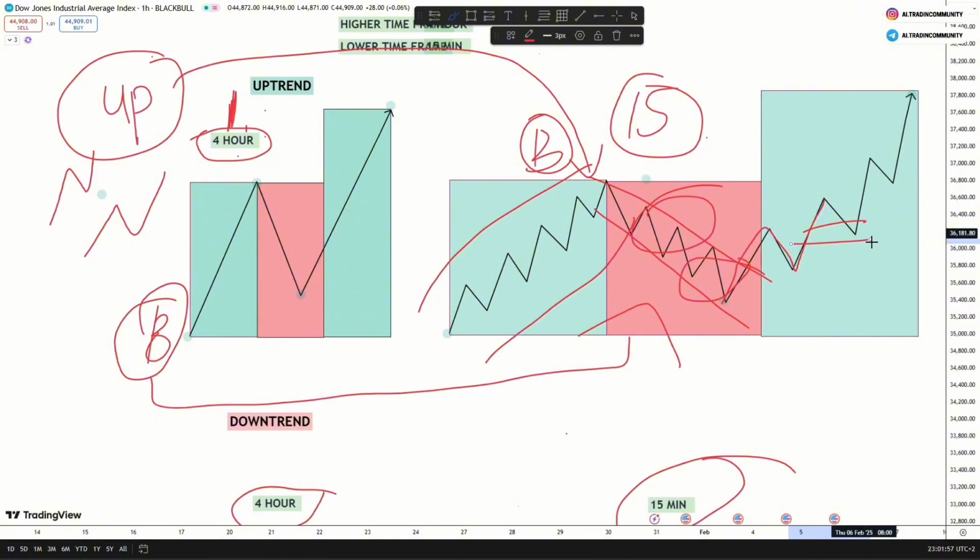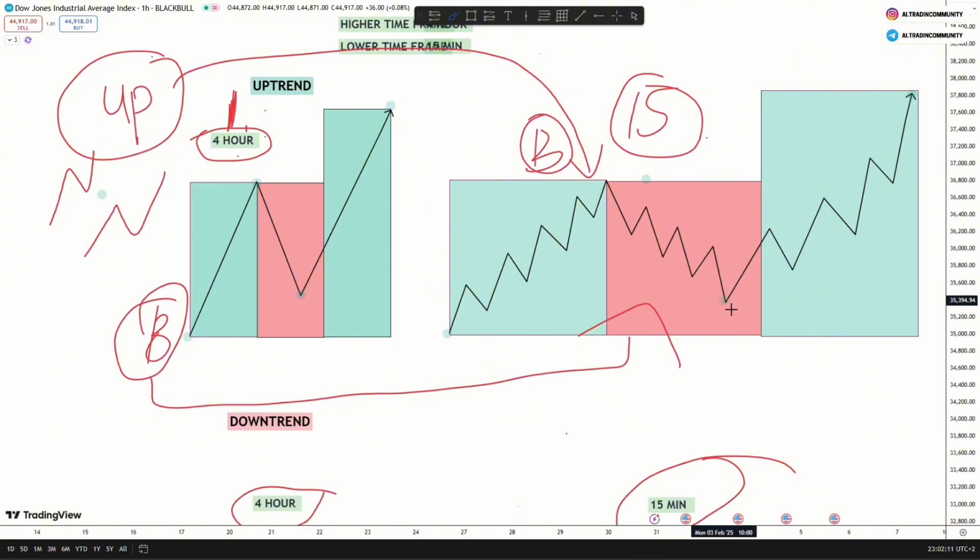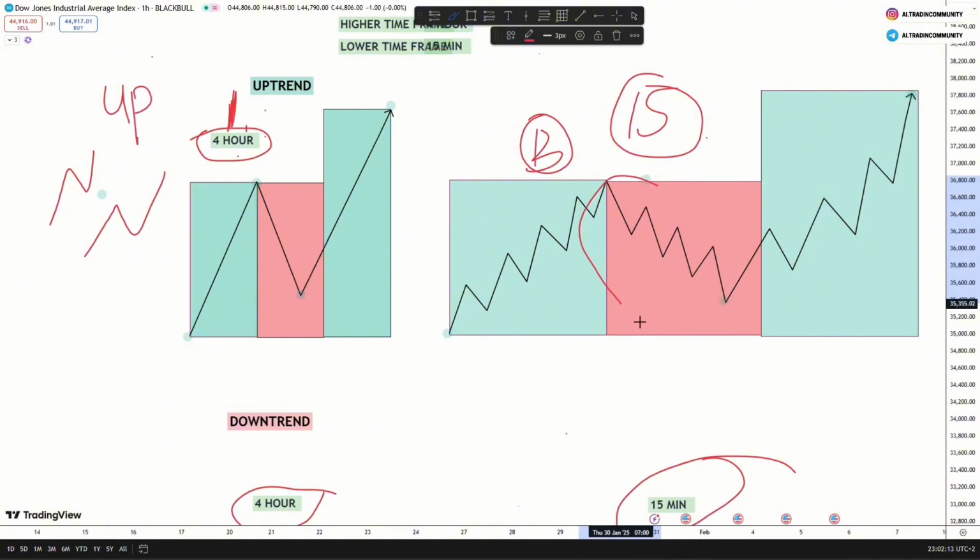So if you are expecting an upward move, you are not going to trade the downside move. If you are expecting an upside move in the XAUUSD, you are not going to execute a downside trade. You are not going to execute trades here.